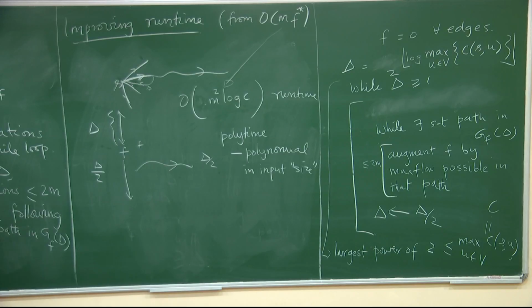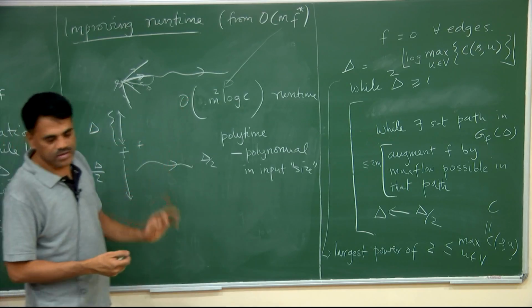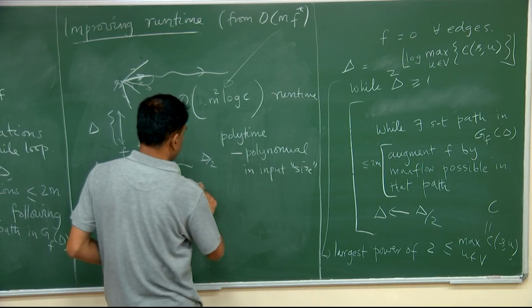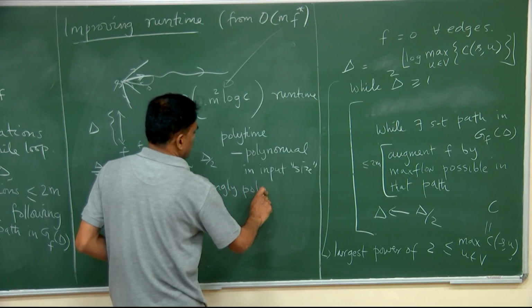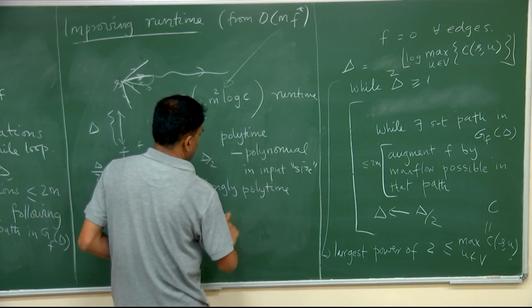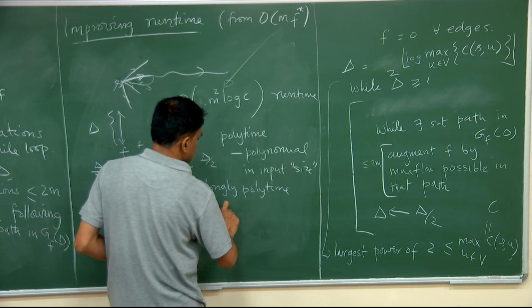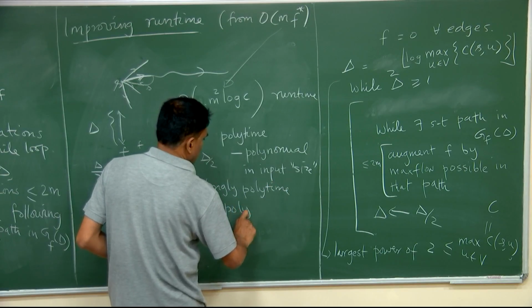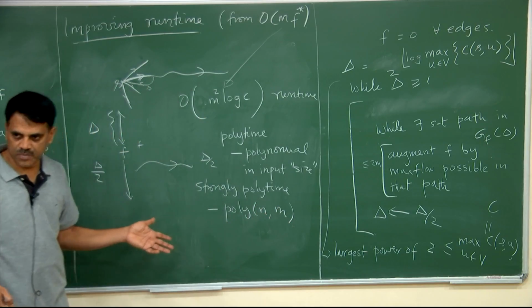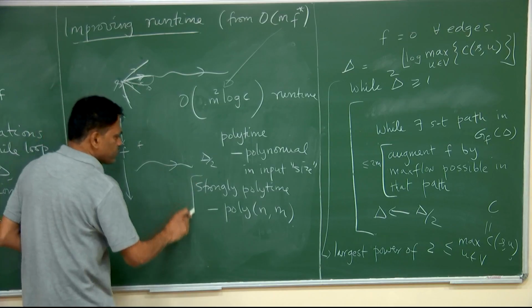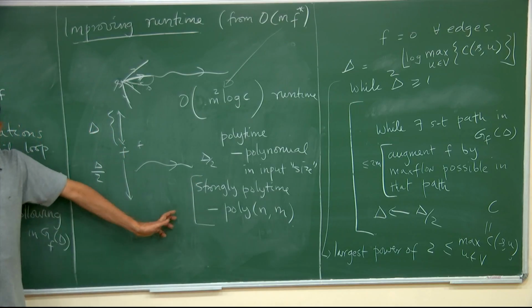Polynomial in log of that is still a polynomial runtime. But what I would really want is strongly polynomial time, which is just polynomial in n and m. It does not depend on the numbers on the capacities. We will get to this kind of an algorithm next.